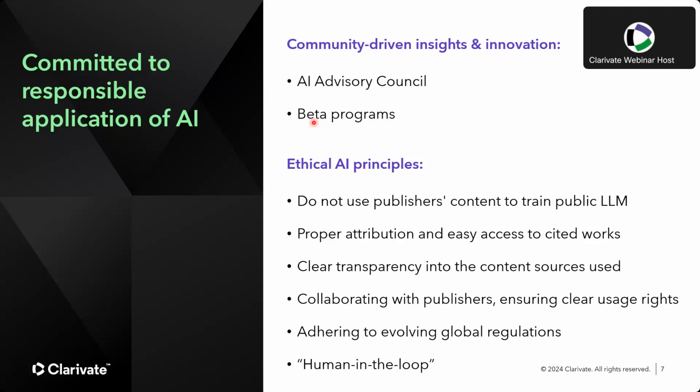And because this is a new field, regulations keep changing, so we need to make sure that we respect those regulations. Then there is a well-known principle, which is human in the loop, which is, in short, we check what is produced by the tool, by the assistant. We've done that during the development phases, but you can also do it now as a user. Once you get access, there is a thumbs up, thumbs down to give feedback about the response.